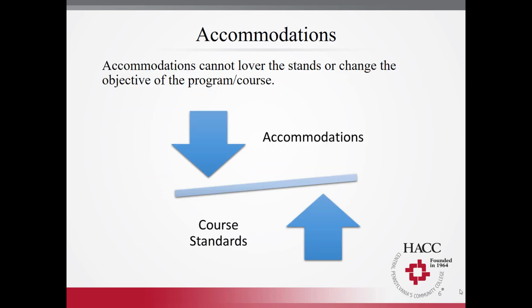Accommodations are to provide equal access. This means that colleges are not required to lower the course standard or make it easier for the student. Student Access Services has the responsibility to balance the needs of the student with disabilities while upholding the rigor of the coursework.